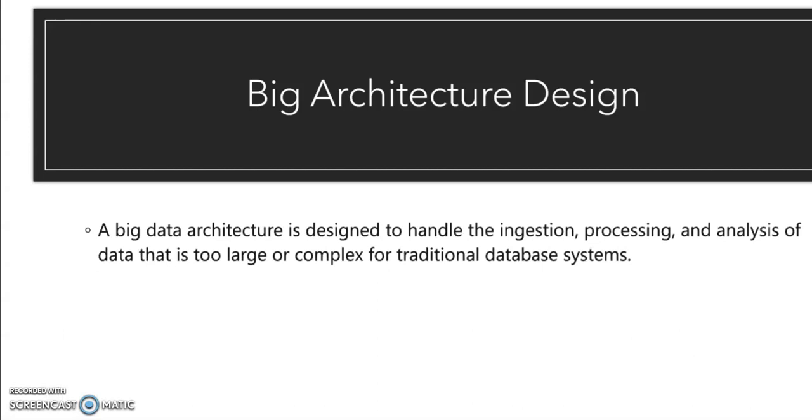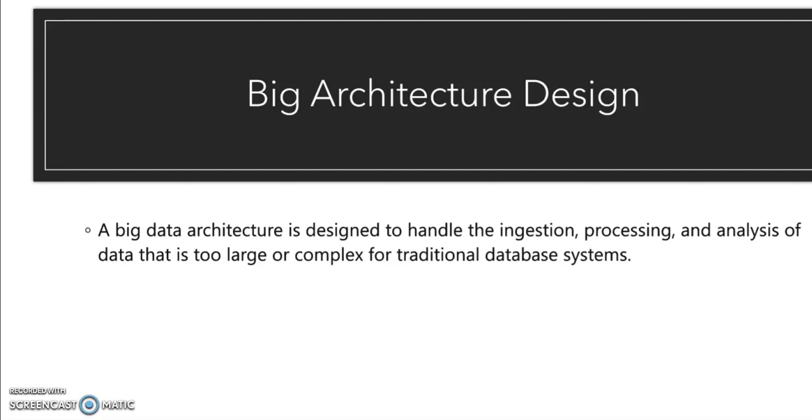So now let's deal with the big architecture design. A big data architecture design helps us deal with data ingestion, then processing, then analysis of the data, and the analysis takes place whether the data is large or complex.